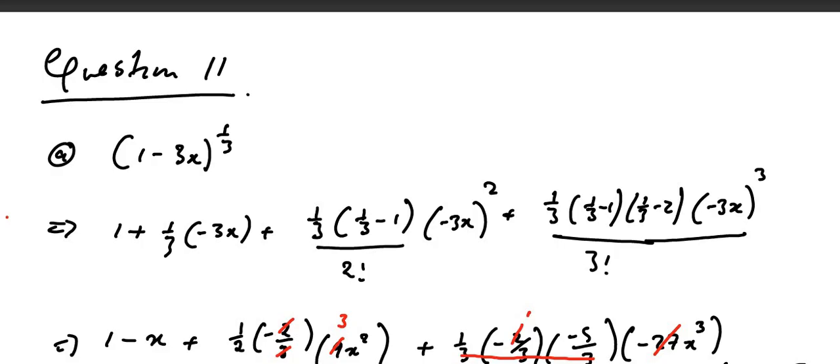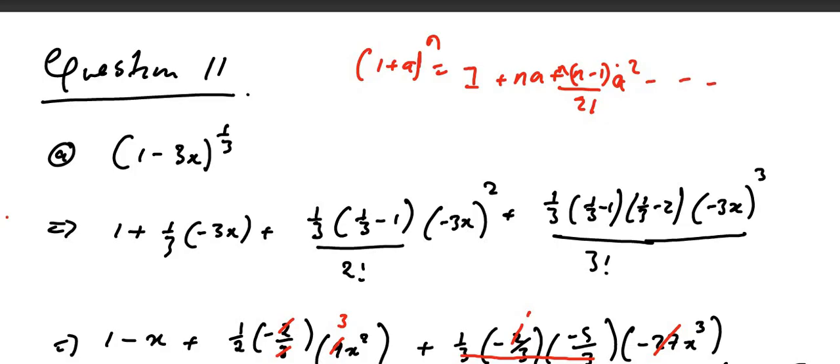So we're going to use the series because the power here is a fraction, and the series says provided the first term is a 1, you can always use the following formula. This is 1 plus nx, then n(n minus 1) over 2 factorial, x squared, and so forth. So this is basically the formula used.